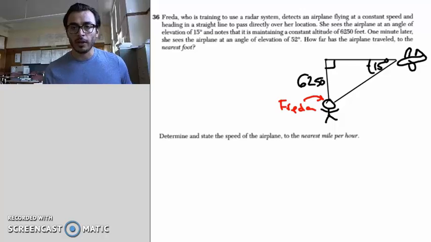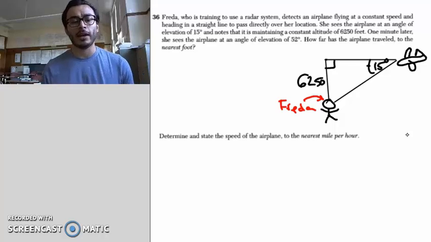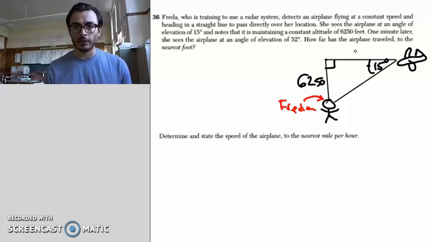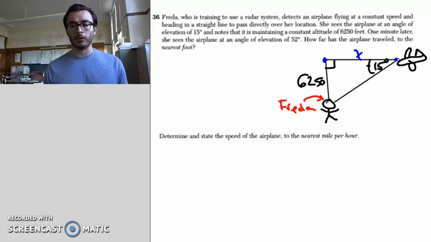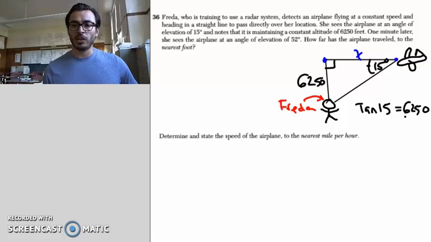Okay, and this is a right triangle. So what I want to do first is find this distance here from the airplane to this point in the air, because I'm looking for the horizontal distance the airplane traveled. In order to find that, I can set up an equation: tan of 15 degrees equals the opposite over the adjacent.